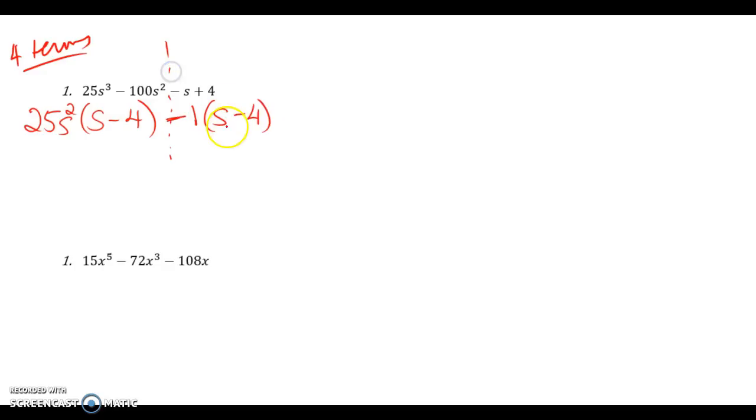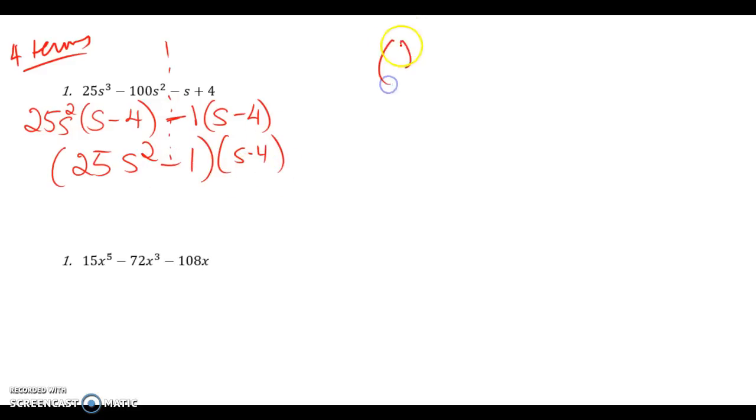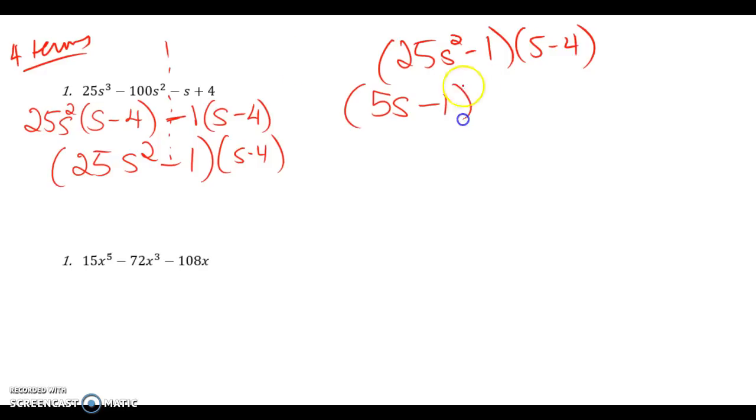I get s minus 4. So this ends up looking like (25s squared minus 1)(s minus 4). Well, guess what? 25s squared minus 1, what does that look like? It's actually a difference of perfect squares. This becomes (5s minus 1)(5s plus 1)(s minus 4).